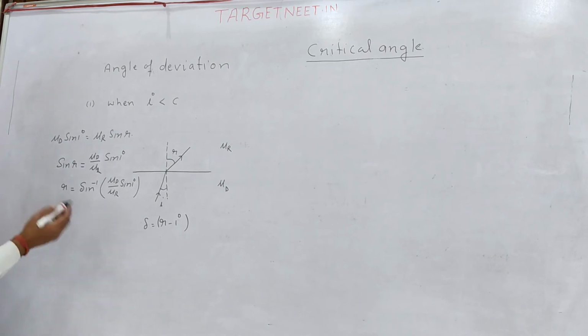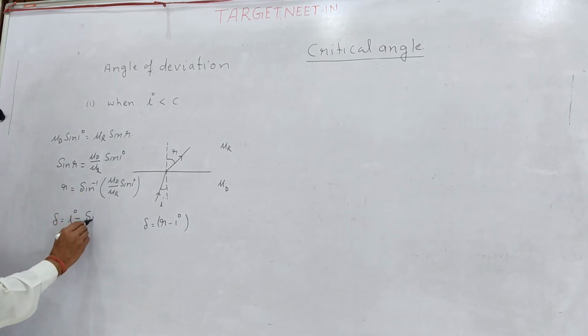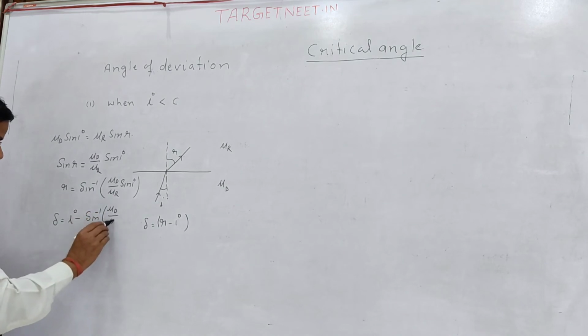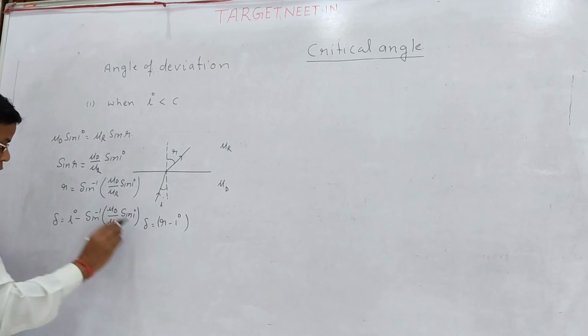And suppose angle of incidence is i. So now deviation will be i minus sine inverse this. So this is the formula of angle of deviation.